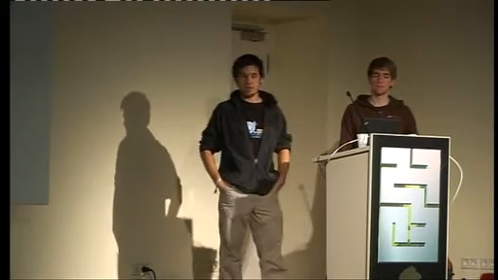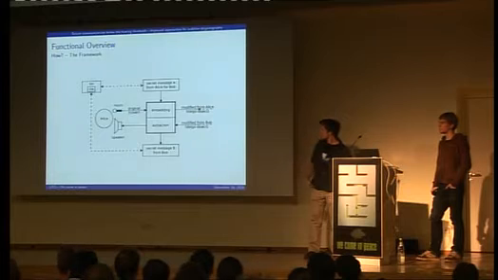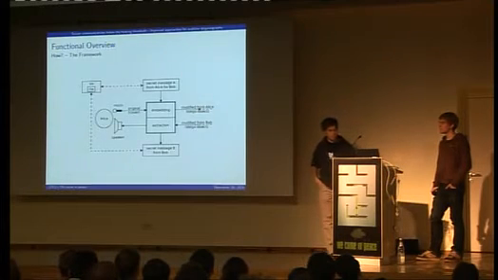Let's talk about the framework, as we call it, to identify the major components. So this is one side of the communication, meaning it can be either the receiver or the transmitter, and we provide full duplex communications. Here we have the so-called framework.